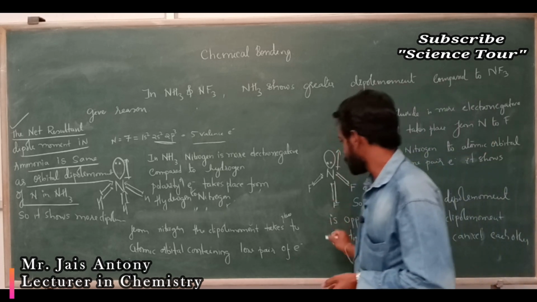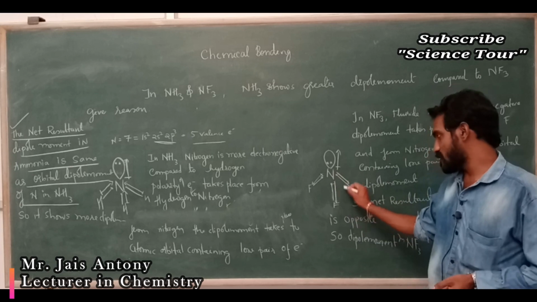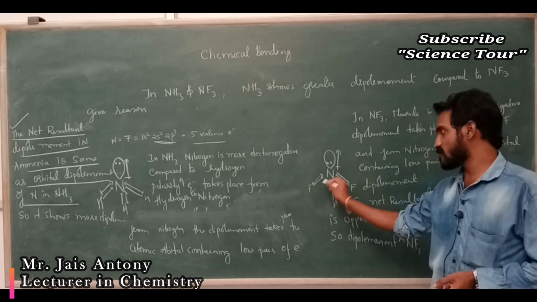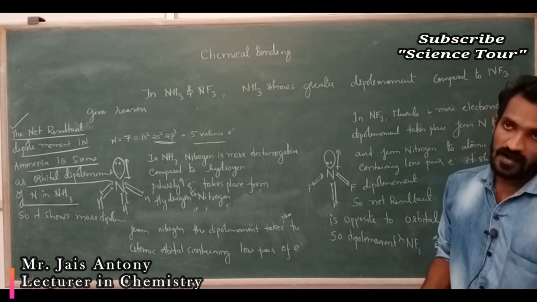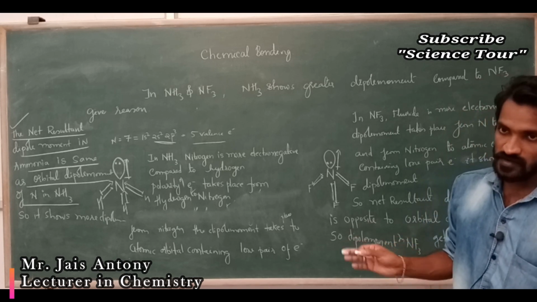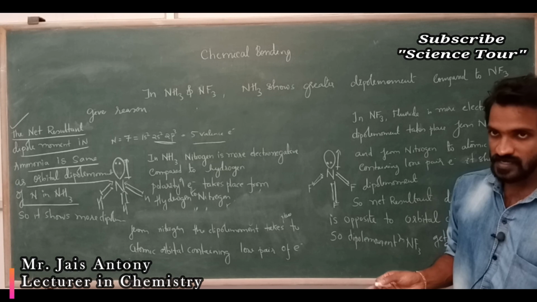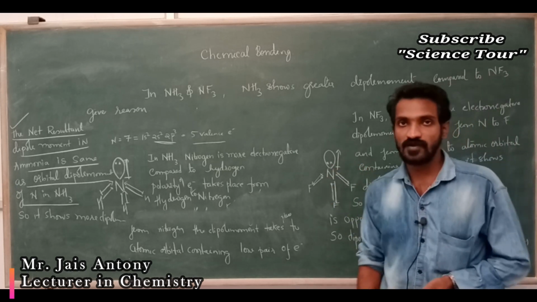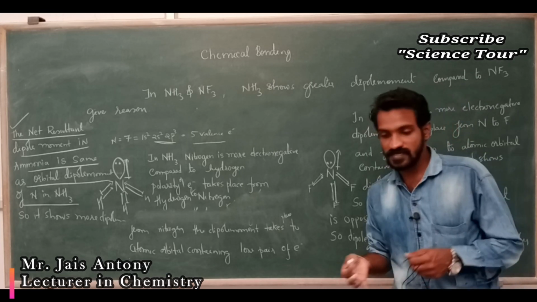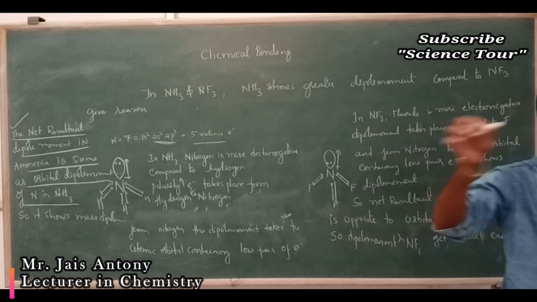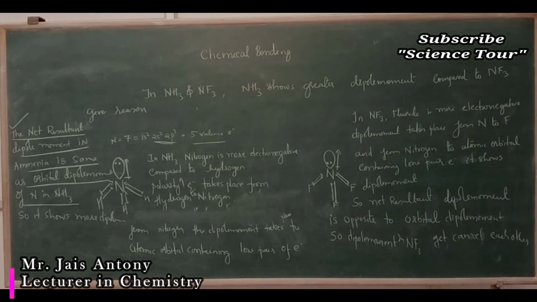In this case, nitrogen to fluorine, and here it is in the upward direction, that means the nitrogen to fluorine direction is opposite to the atomic orbital containing electrons. Understood? So if it is in the same direction, then it is more dipole moment.